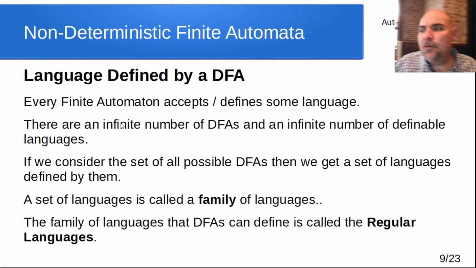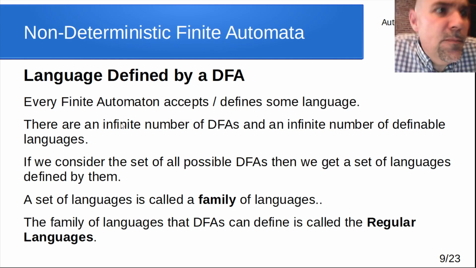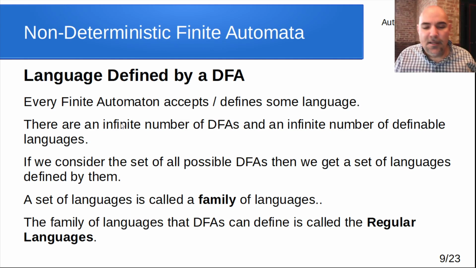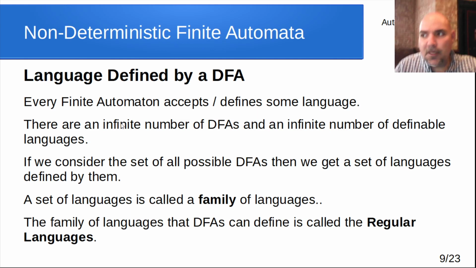And you might have wondered earlier why regular expressions were called regular expressions. The reason is that they can only define regular languages. We'll get to that later on. We haven't discussed that any further yet, but note that the family of languages that DFAs can define is the family called the regular languages.